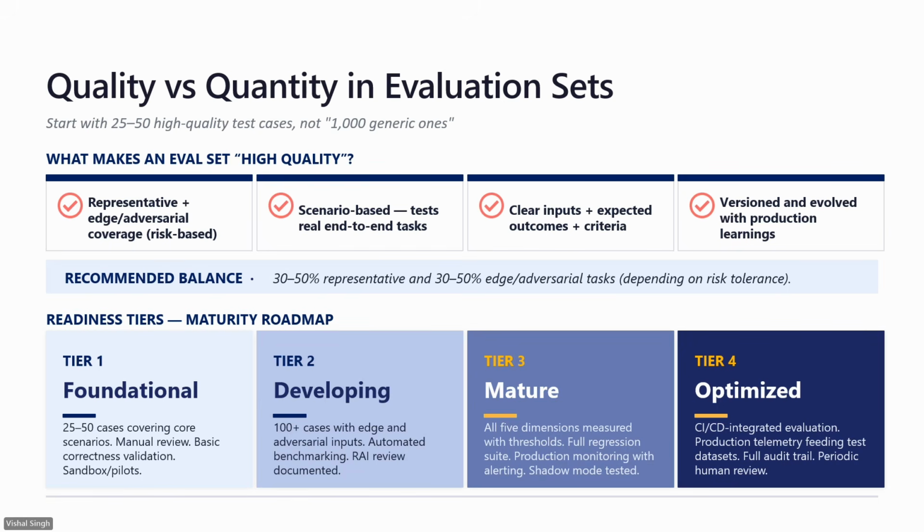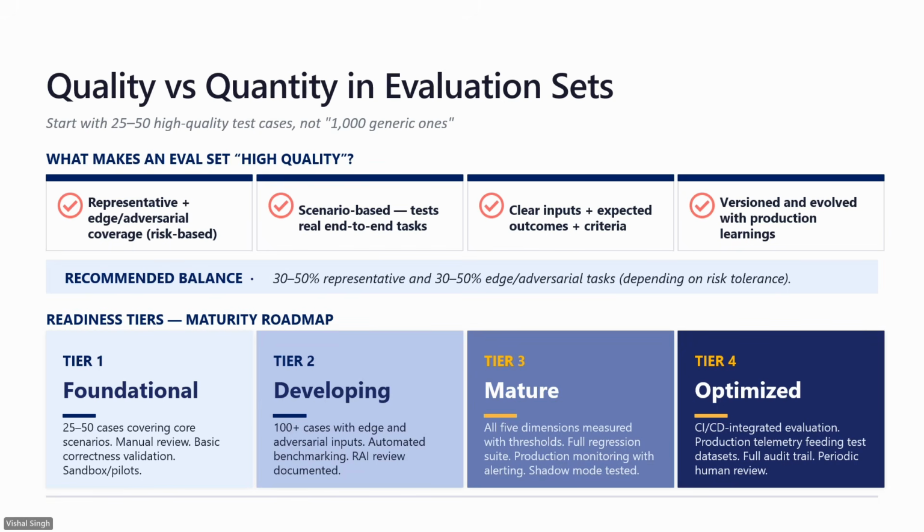So tier one is foundational, where you define 25 to 50 cases for manual review, basic correctness, and the sandbox or early pilots. Tier two is developing, where you go with 100+ cases with edge, adversarial, and automated benchmarking, documented RAI review, low risk production.